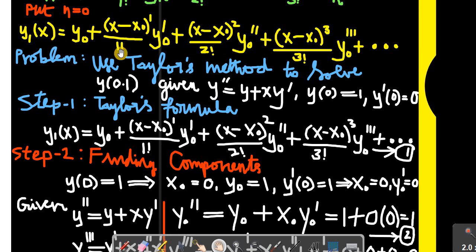This is the Taylor's formula: y1 of x equals y0 plus (x minus x naught) to the power 1 divided by factorial 1 into the first derivative of y at the particular point 0, plus (x minus x naught) square divided by 2 factorial into the second derivative at x equals 0, plus (x minus x naught) to the power 3 divided by 3 factorial into the third derivative of y at x equals 0, plus dot dot dot.